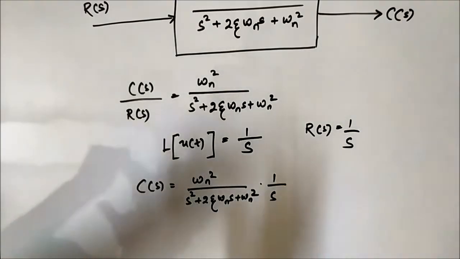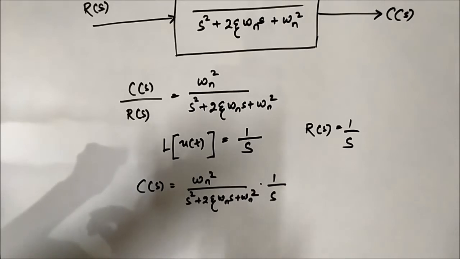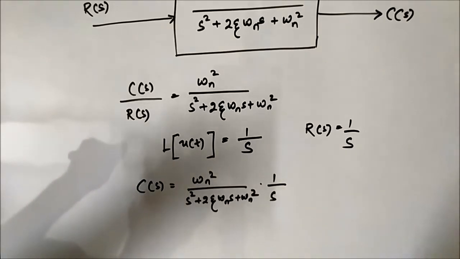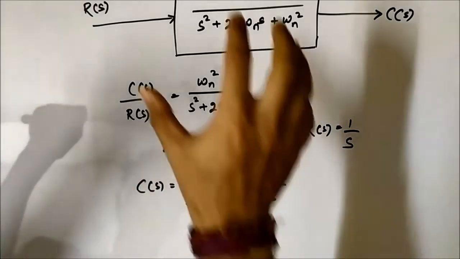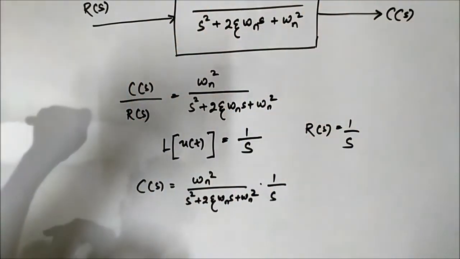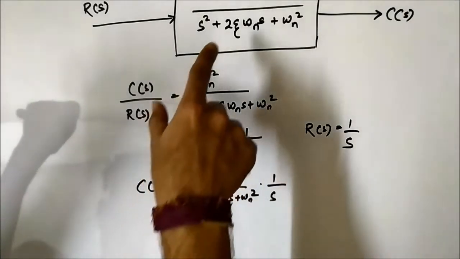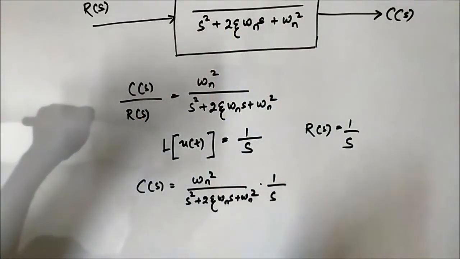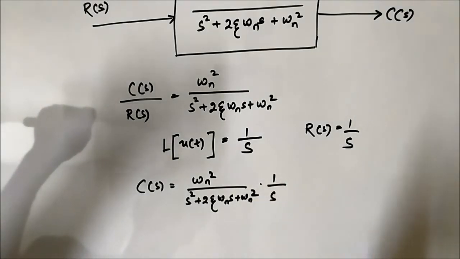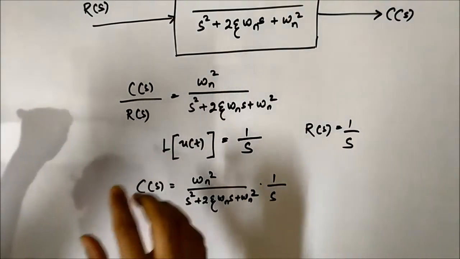I have created a PDF file and given the link in the description. I recommend you download that PDF file, which has the whole mathematical derivation of the output response for the second order system, unit step input, underdamped case.